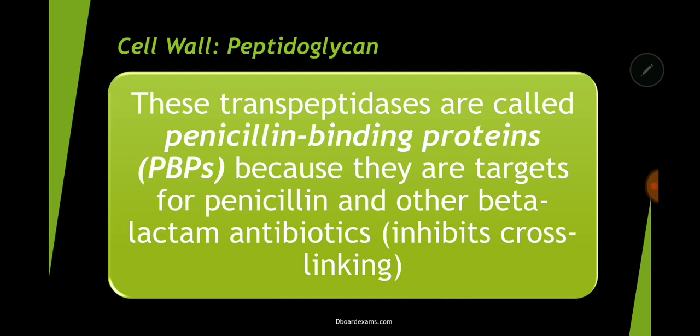They are called penicillin binding proteins because they are targets for penicillin and other beta lactam antibiotics. So you cannot review peptidoglycan without knowing the penicillin binding proteins, because these are common sites for antibiotics such as penicillins and the other beta lactam antibiotics.